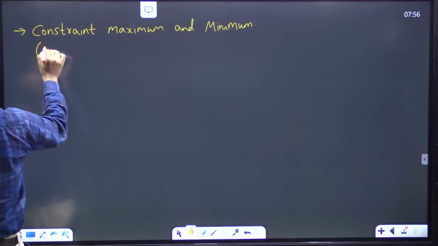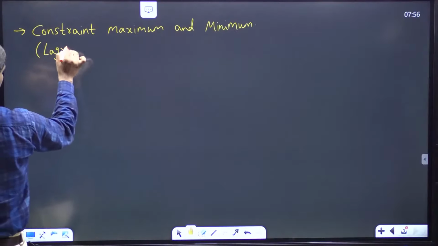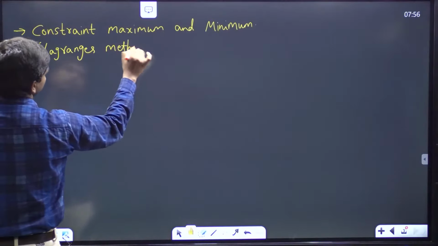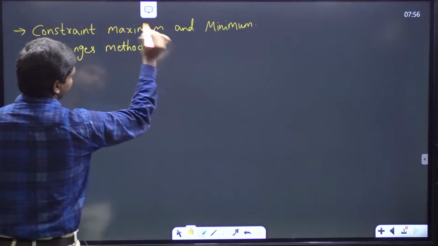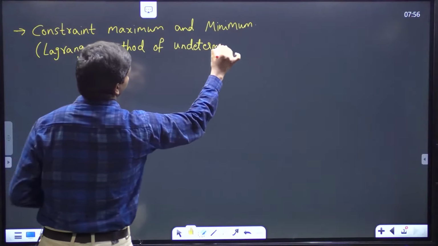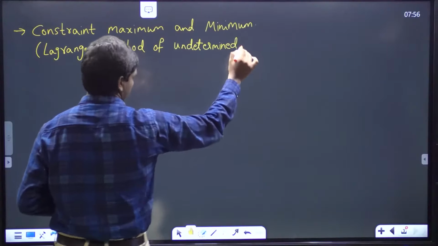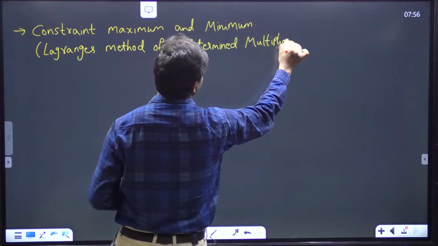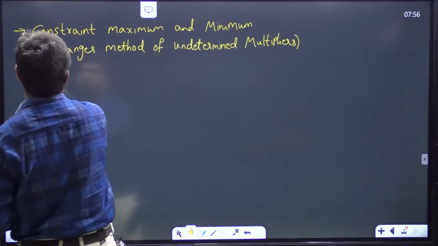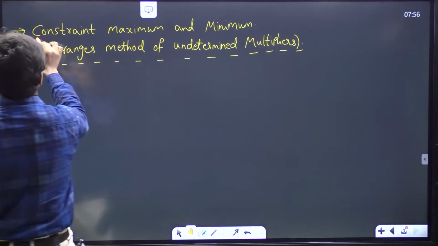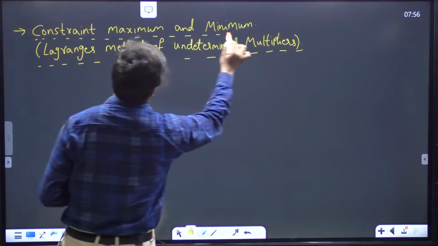In bracket, you can also write this is called Lagrange's method of undetermined multipliers. So see here, what is this constraint maxima and minima? Why is this concept really important in engineering applications?